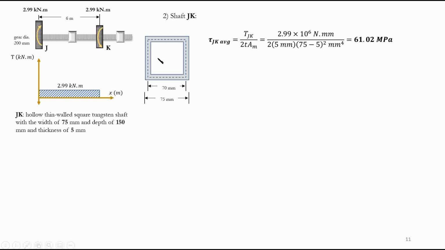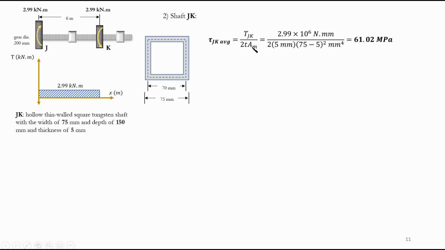In this case, the question doesn't need to mention anything, because the thickness is the same all over the place. If the thickness were different in some section, the question should have specified. So this is the torque, this is the thickness.